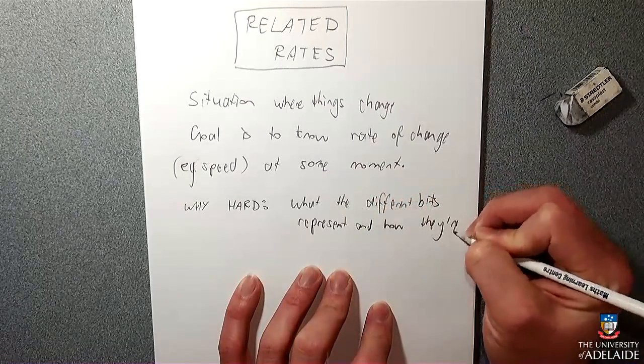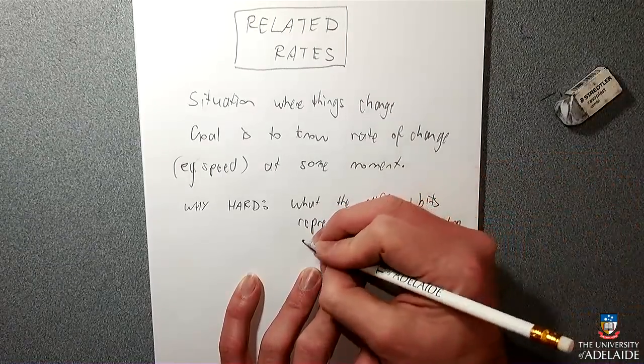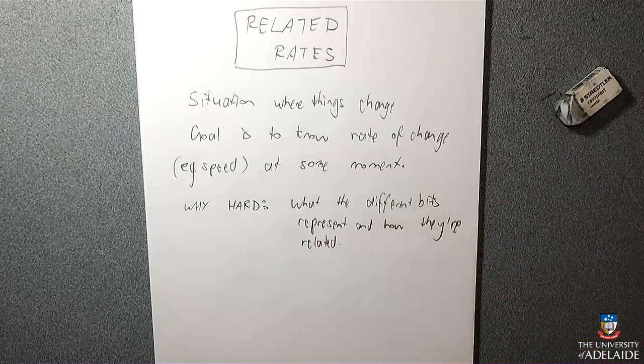Okay, I'm hoping that I've heard this right: what the different bits represent and how they're related. So we want to make sure we're talking about how to decide that from the text of the written problem.